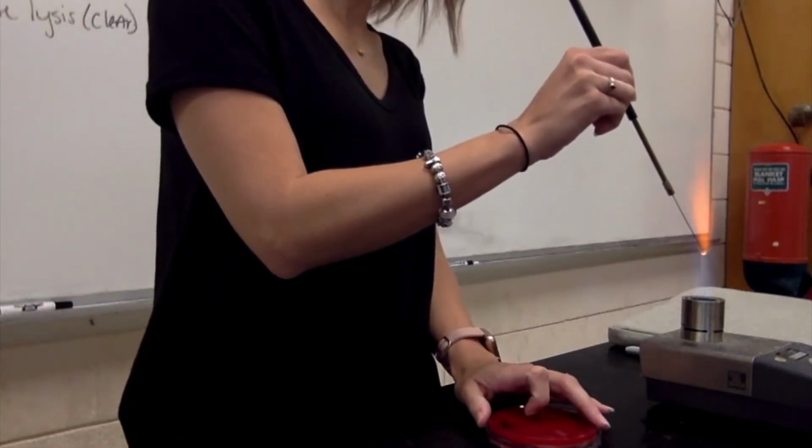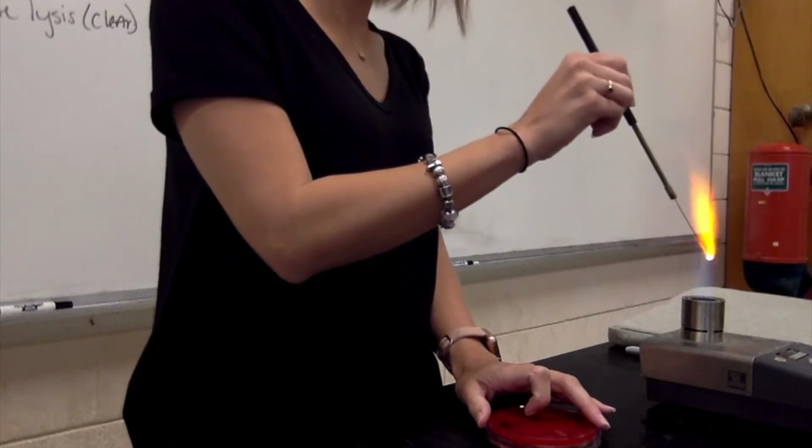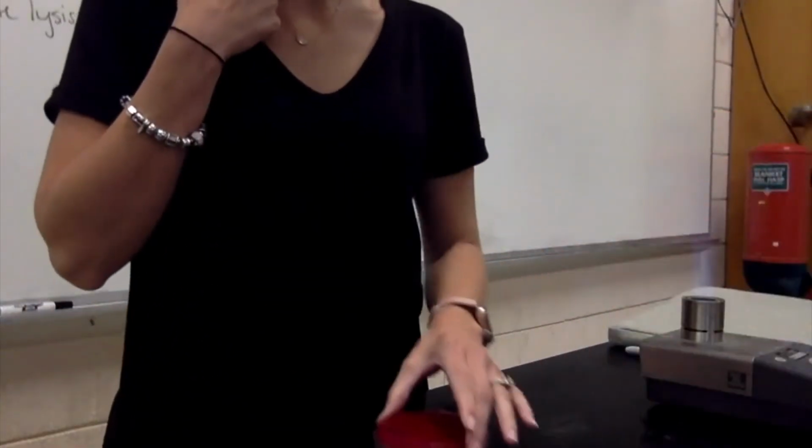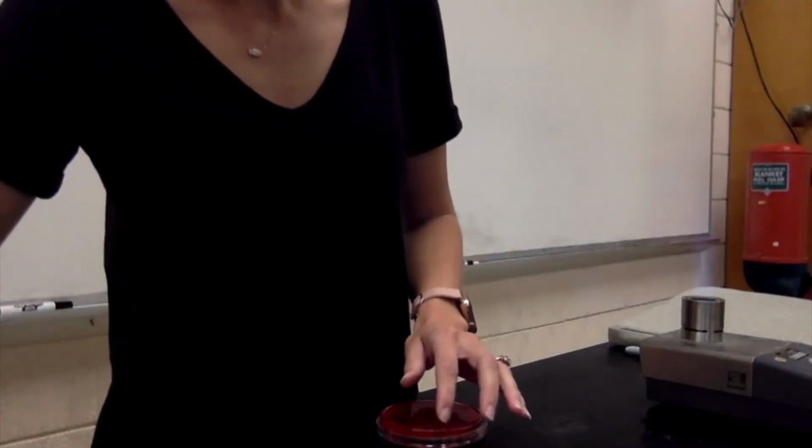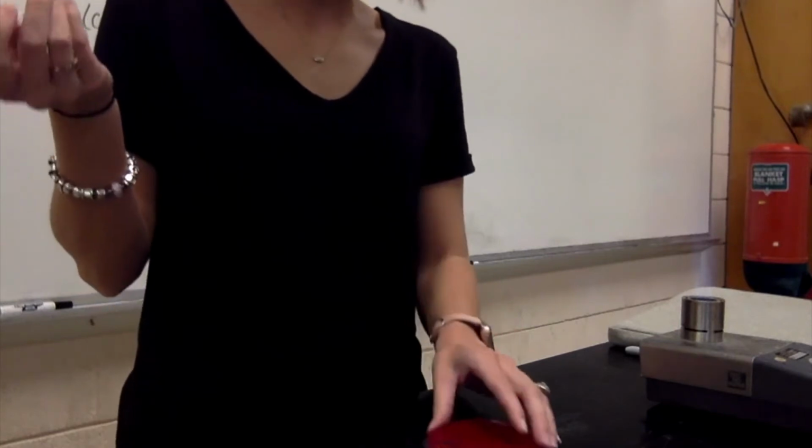And now for the throat swab. Now, whenever you do the throat swab, we would normally want to make sure that you get all the way into the back of the throat, not hitting anything but the back of your throat.